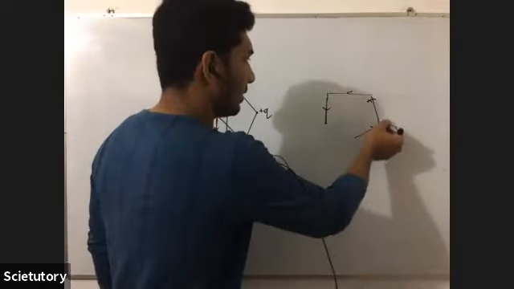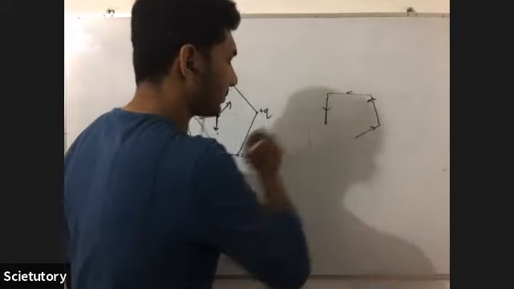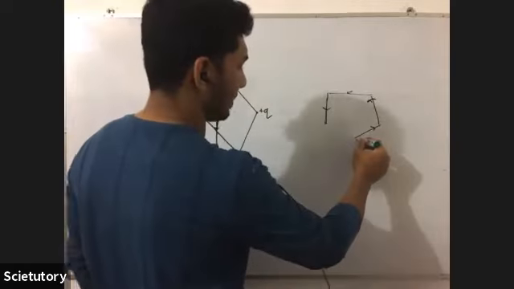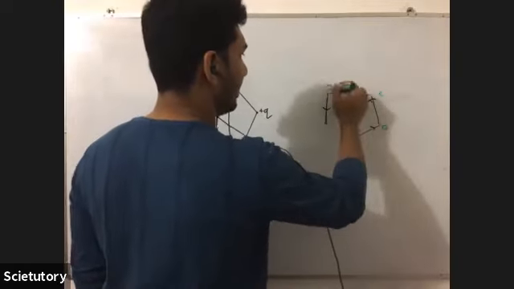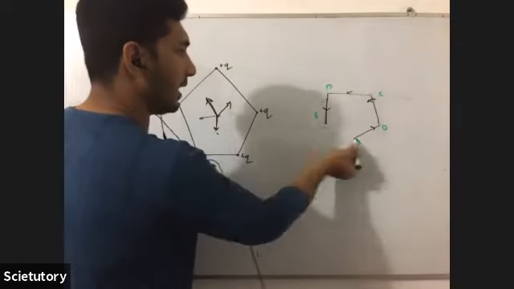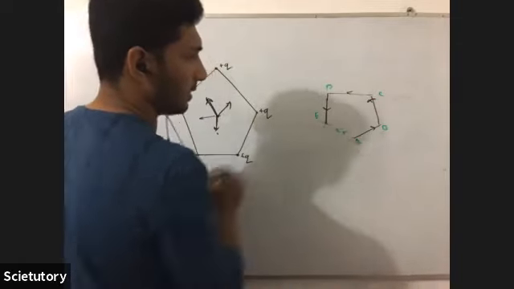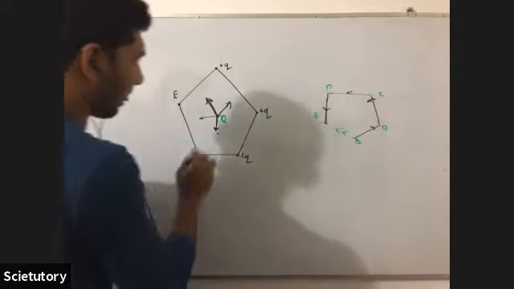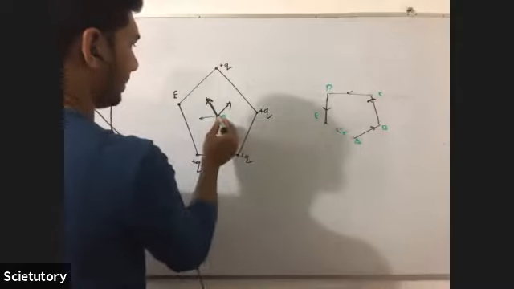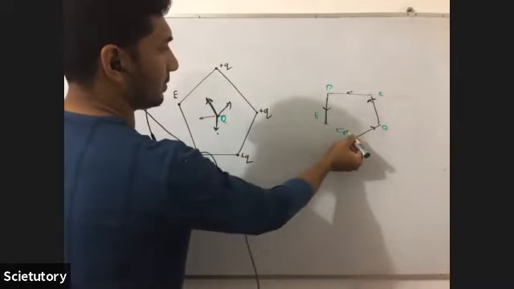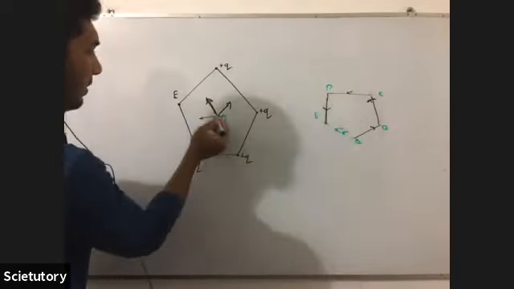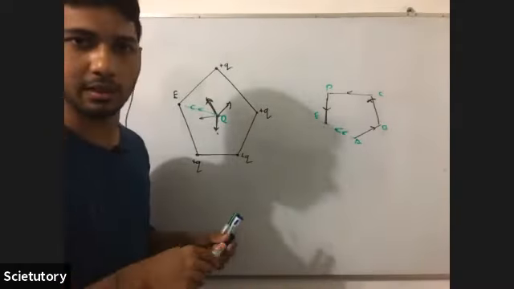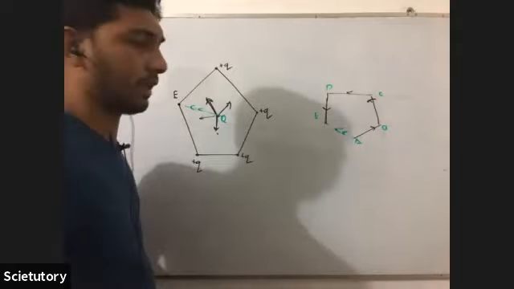According to vector theory, this is A, B, C, D, E, and the resultant is now AE. The center is O. If you take the direction, it will be in this direction, the OE direction.